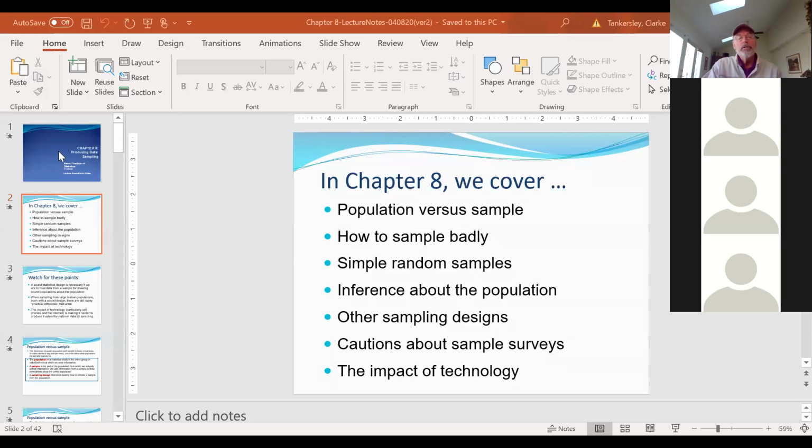All right, so Chapter 8 is where we're going. And here is a sort of a lead in. We're going to be talking about different types of samples. What we really want to know is that the sample is coming from a population, and so the sample has to represent the population.